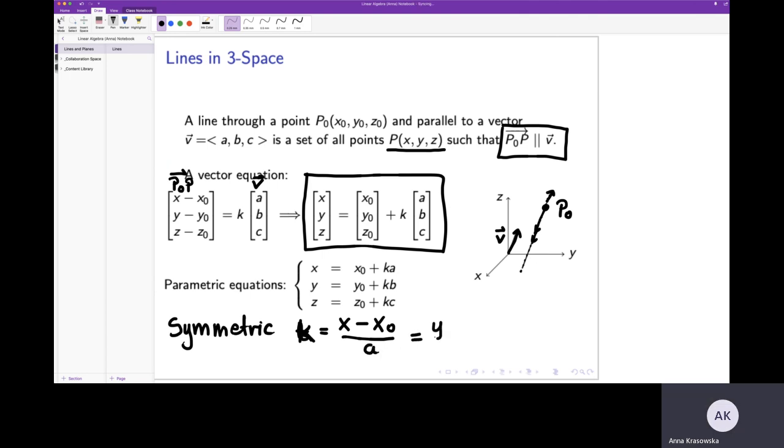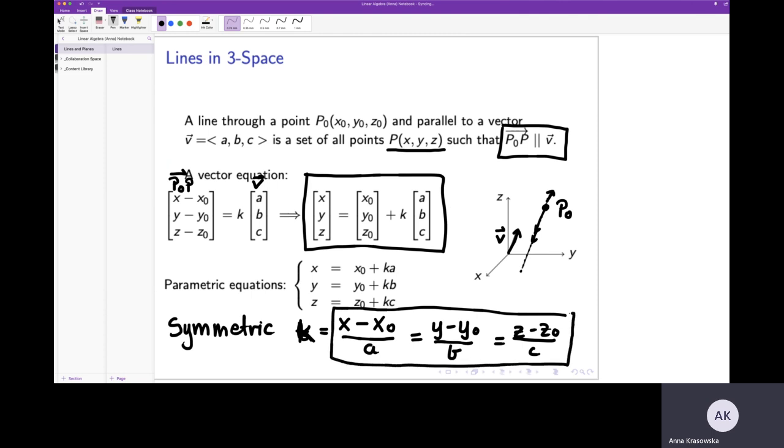From the second, we'll have y minus y naught divided by b, and z minus z naught divided by c. This is called symmetric equation. You can see that it can be written only when a, b, and c are not zero. We usually do not write that k, that parameter. That's the form, symmetric equation.